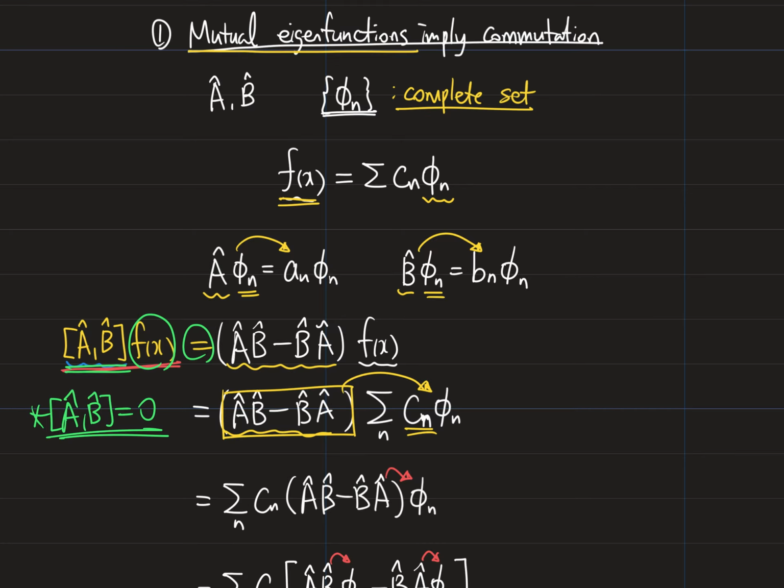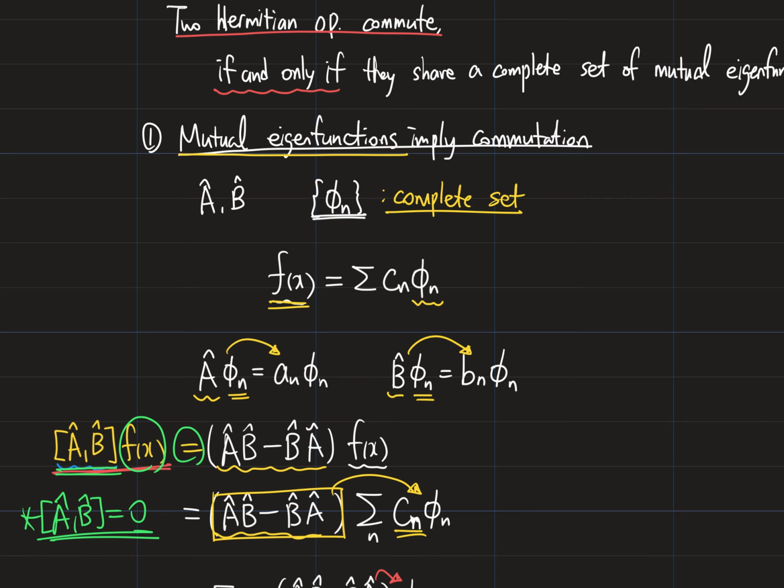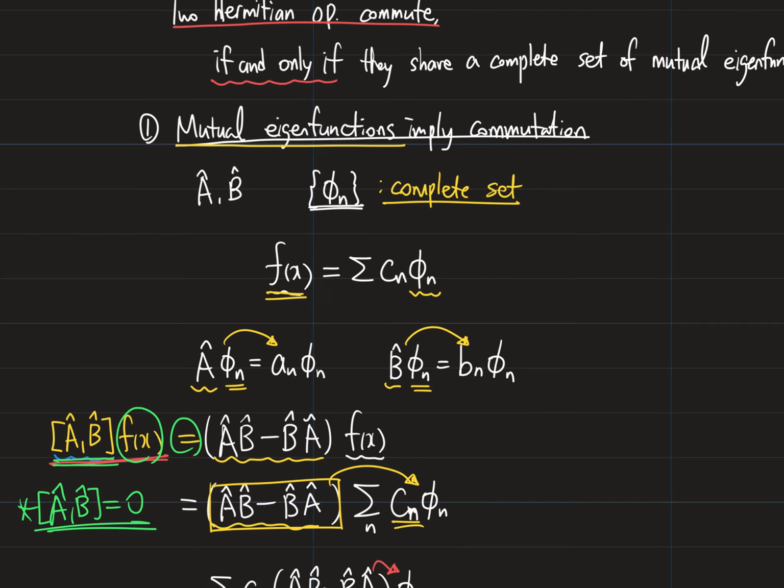And the second way is the reverse way. If the two operators are commutative, we have to show that the eigenfunctions of those two operators should be the same.